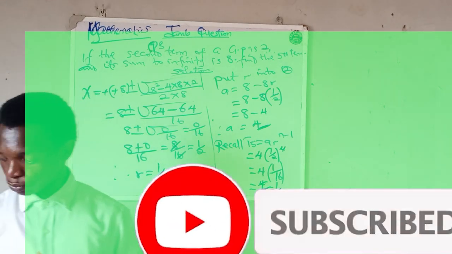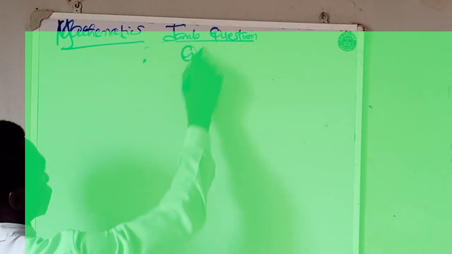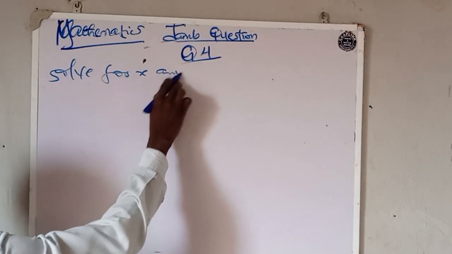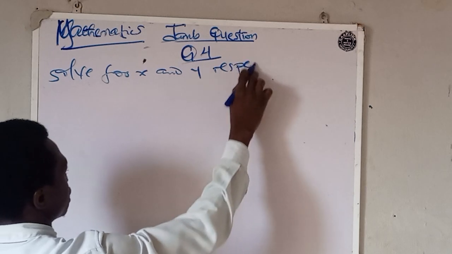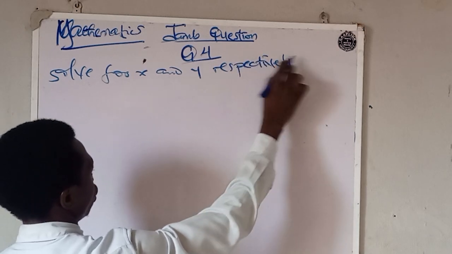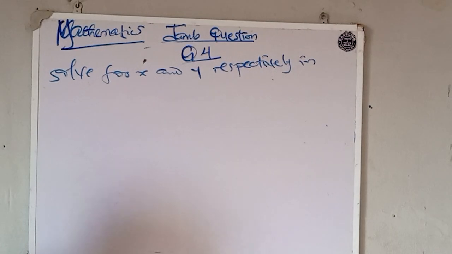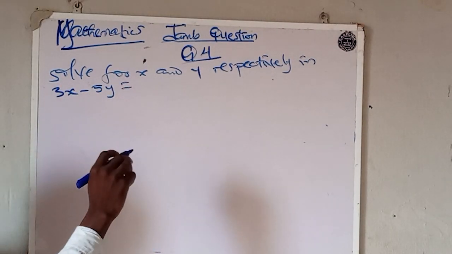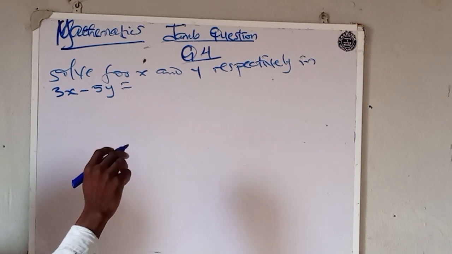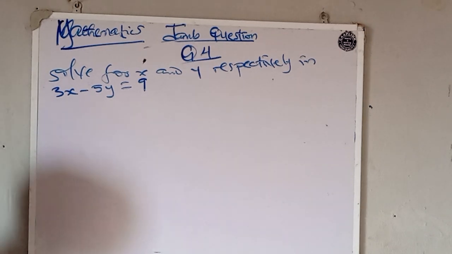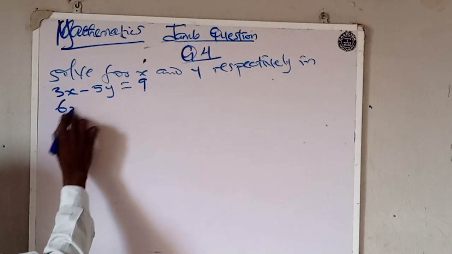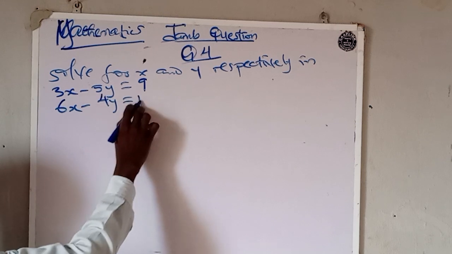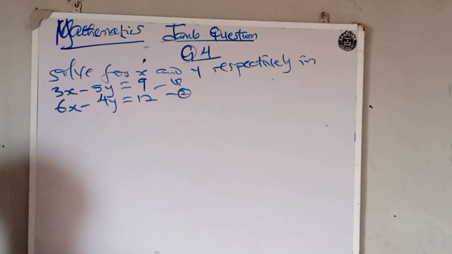I would love us to move to question number 4. Solve for x and y respectively in 3x minus 5y equals 9, equation 1, and 6x minus 4y equals 12, equation 2.